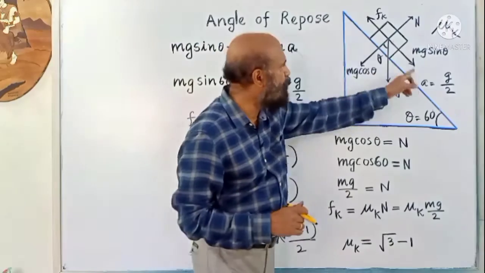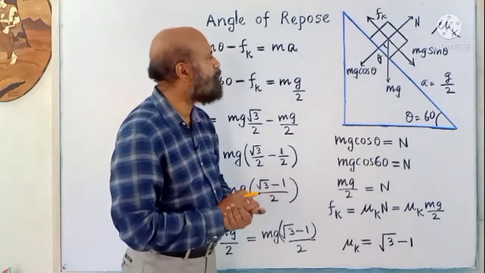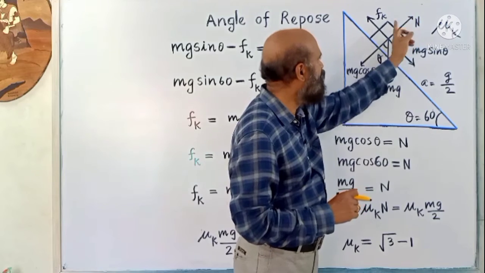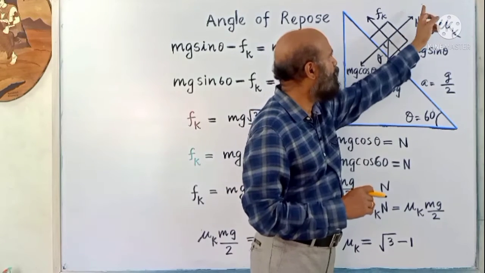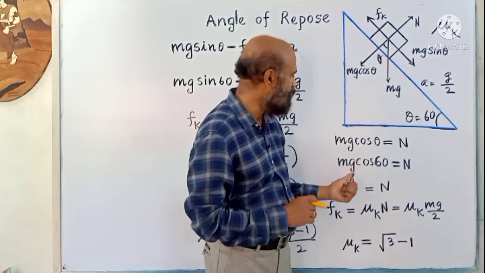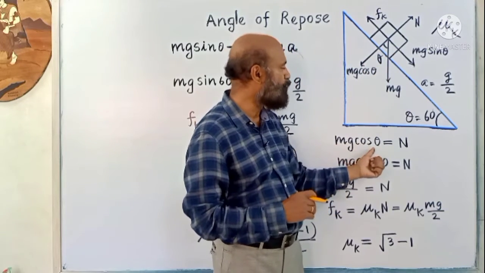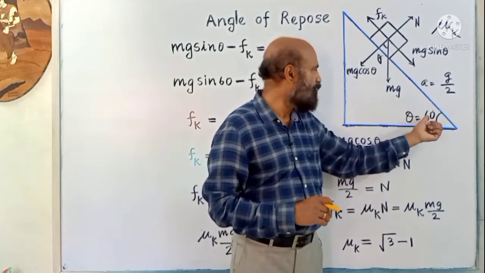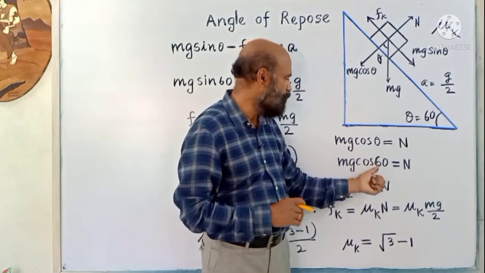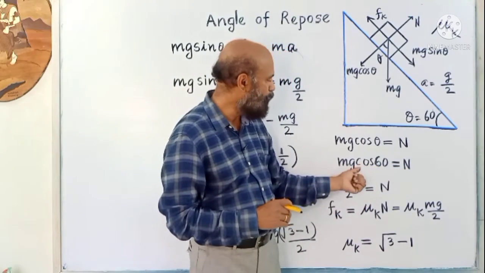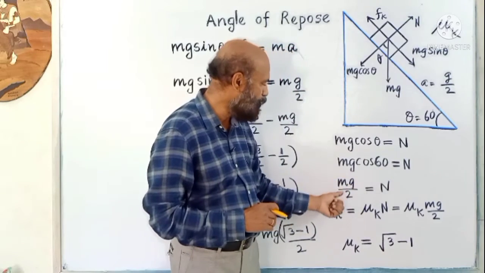So along this direction we applied Newton's second law. Now along this direction there is no acceleration. This is the normal force, and that is balanced by this component mg cos theta. So we can write mg cos theta is equal to N. Here theta is 60 degrees, so mg cos 60 is equal to N. But cos 60 is 1 by 2.